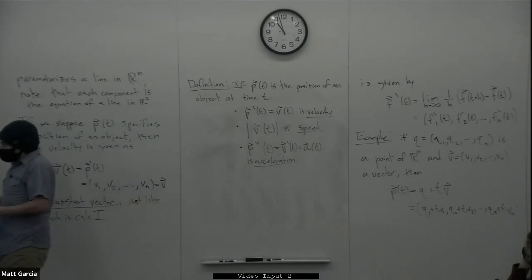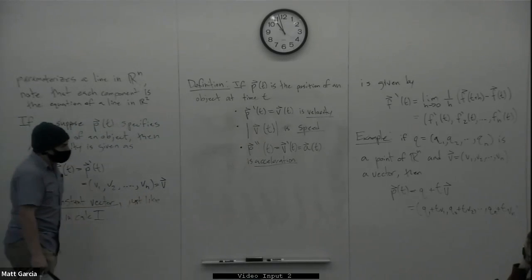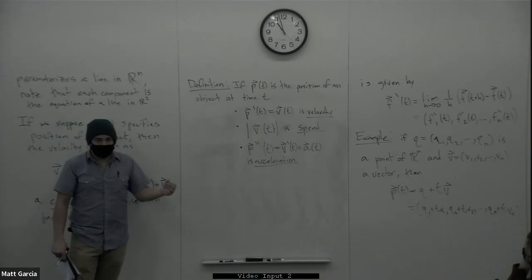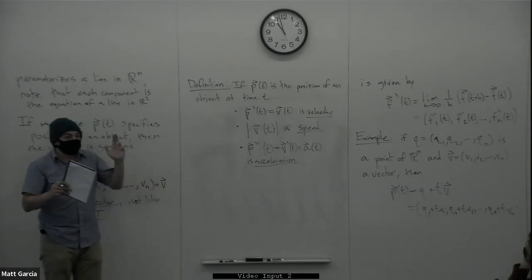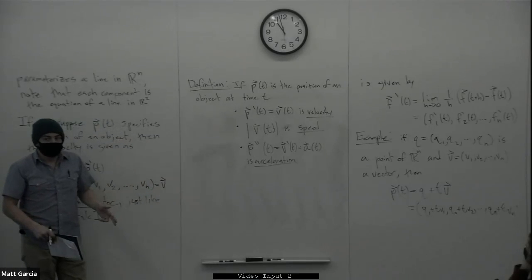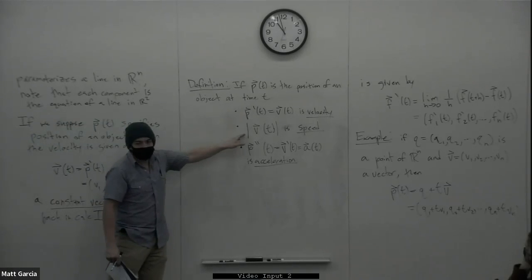Just like in calculus 1, when you have a position function, you differentiate to find velocity. If you take the absolute value of the velocity function, you get the speed. Now, in the context of vectors, we take the magnitude instead of the absolute value.